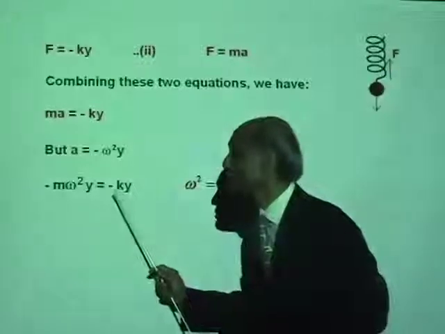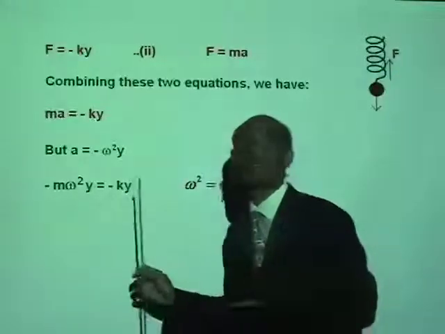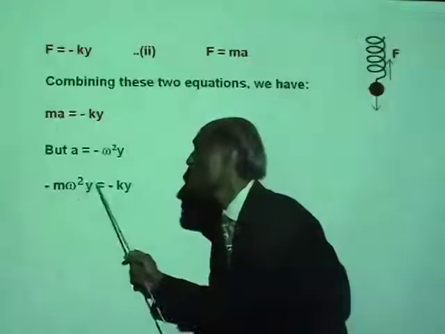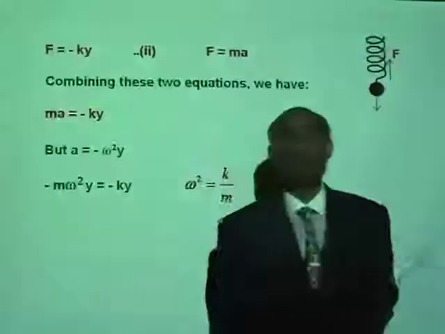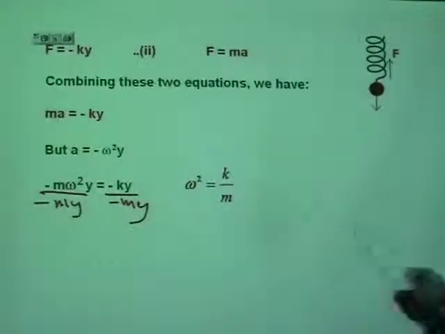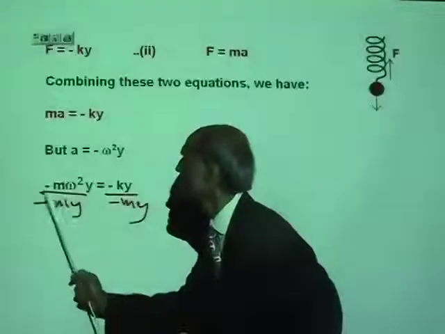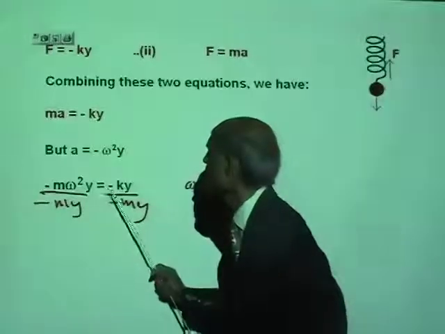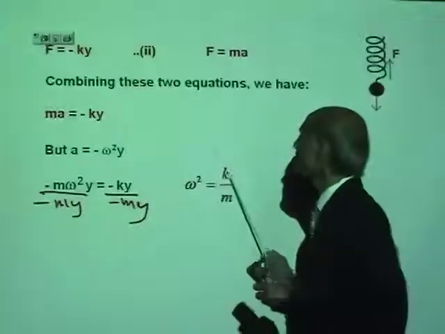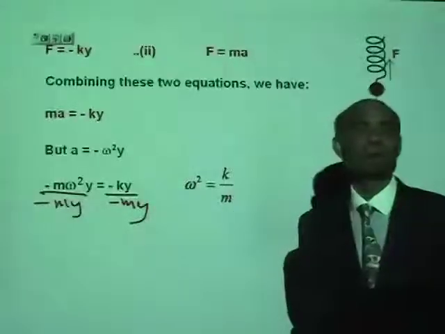The simplest way is to divide both sides by negative m y. Negative m will go, y and y will go, and we get omega squared equal to k over m.